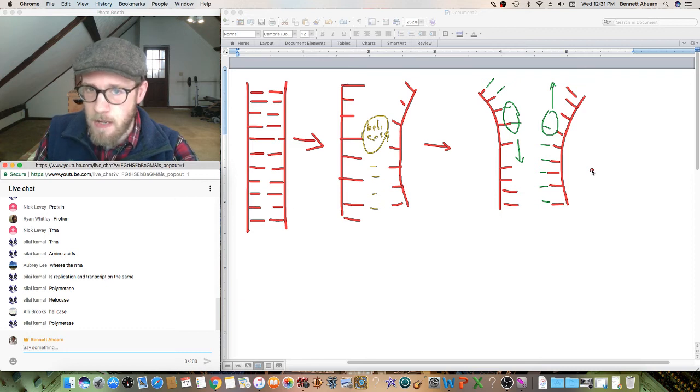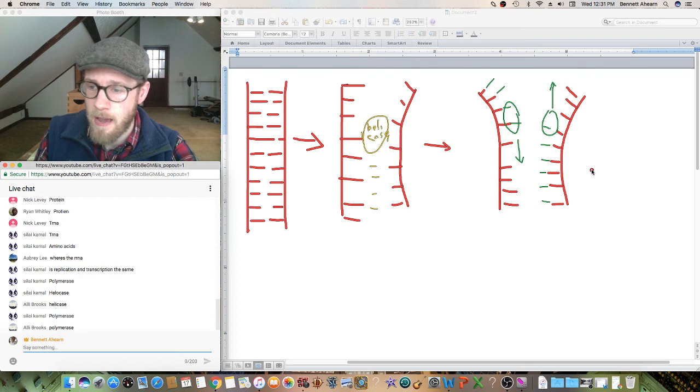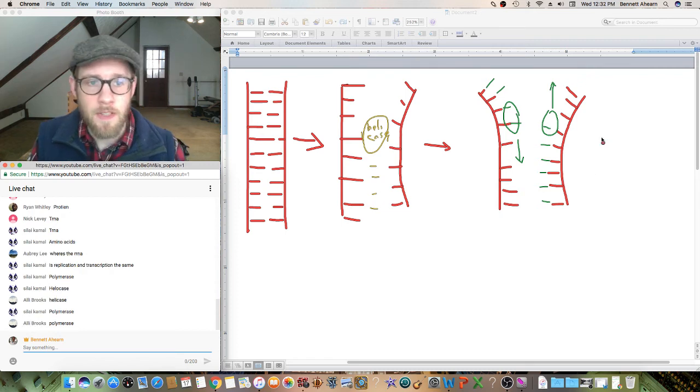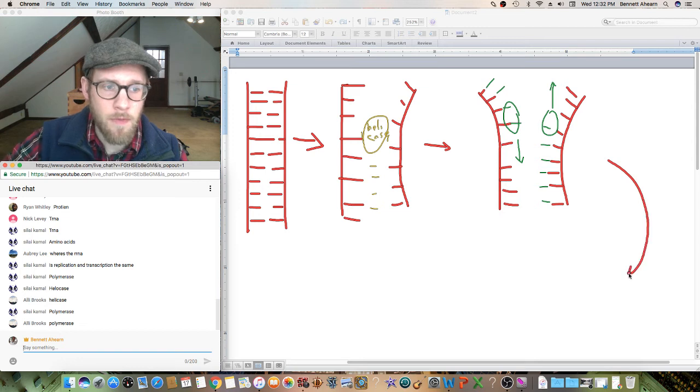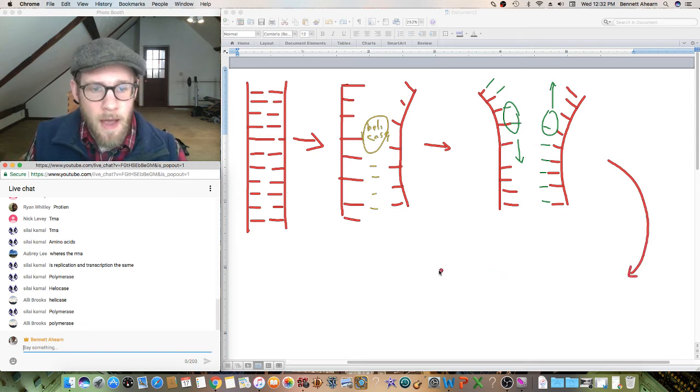The difference is in transcription, RNA polymerase does the job of helicase and its normal job, right? So this is DNA polymerase. Okay, next step, let's move it down here. After you've created your two strands, these polymerases have gone by and done their jobs, right?